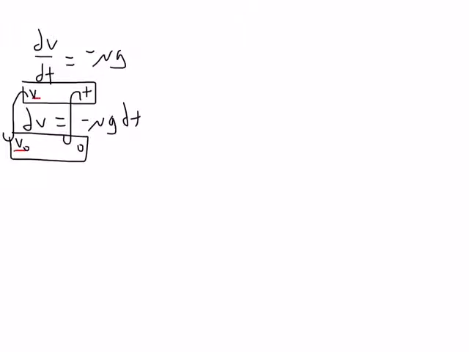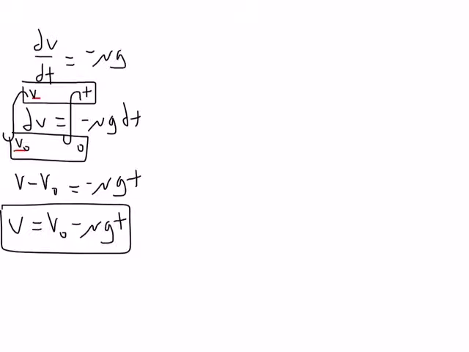We just have v evaluated at v and v naught, so v minus v naught. And the other side is also quite easy. The mu and the g are constants, and so we're evaluating t from 0 to t, which is just t. And so v, as a function of time, is just v naught minus mu g t, right? And that's it.